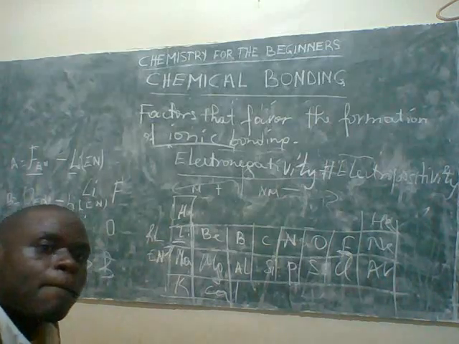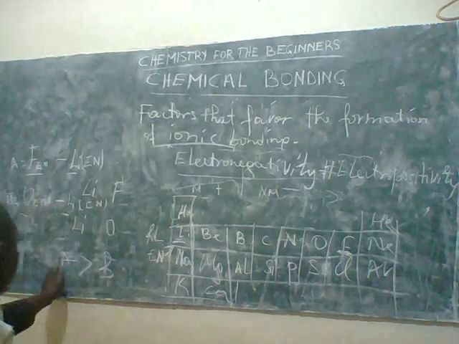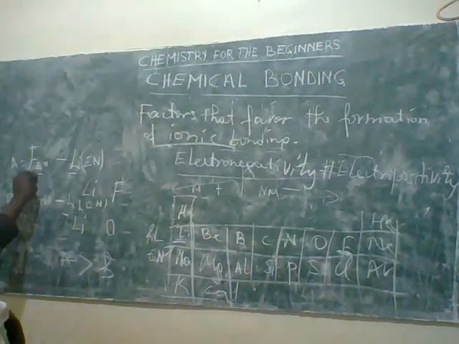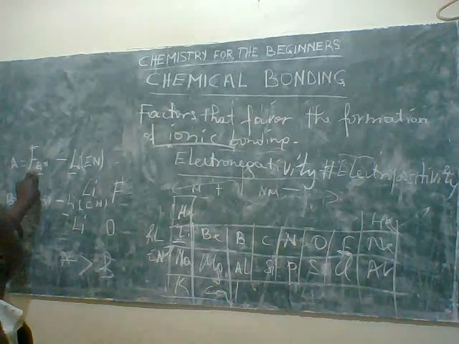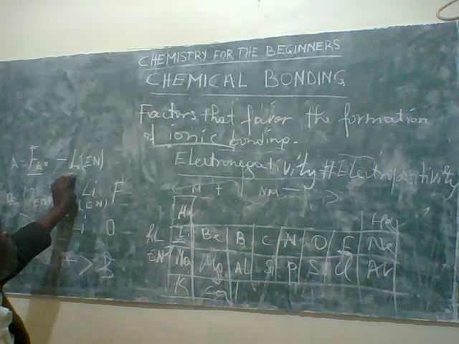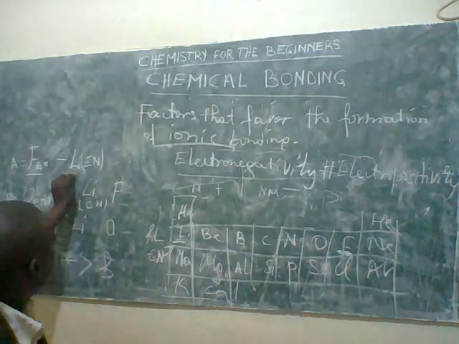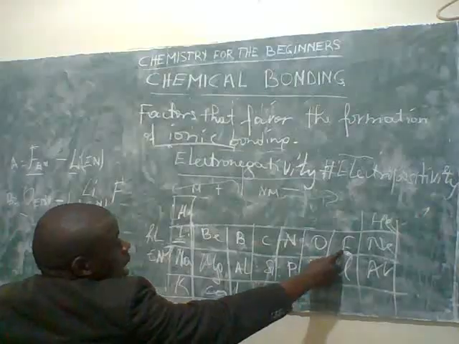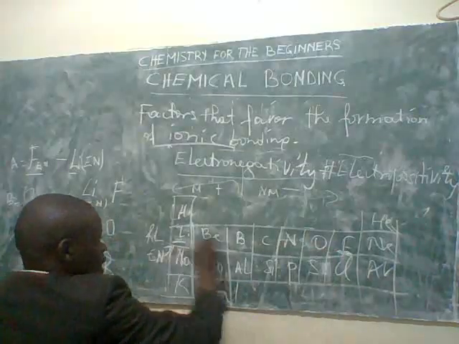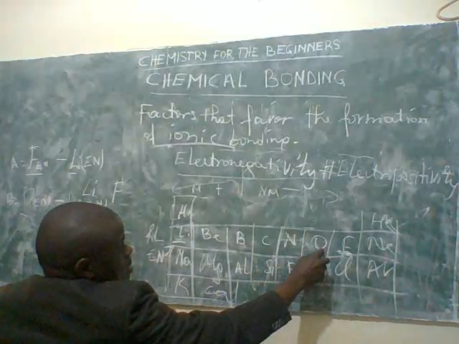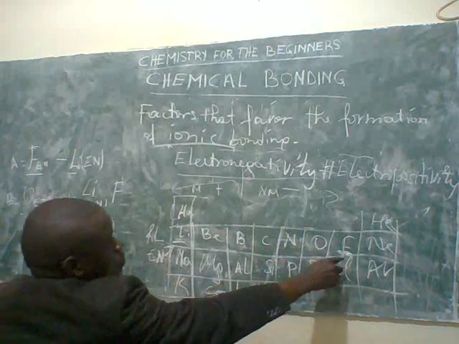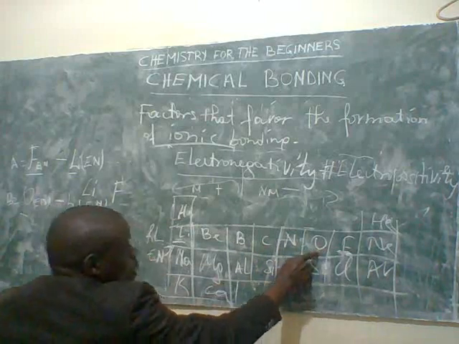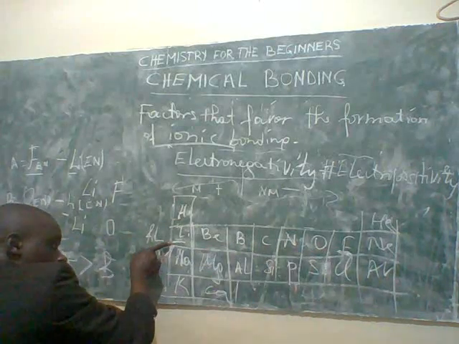Are you understanding? A was equal to the electronegativity of fluorine minus the electronegativity of lithium. And this is the highest in this line. The electronegativity of fluorine is greater than everything you see here.